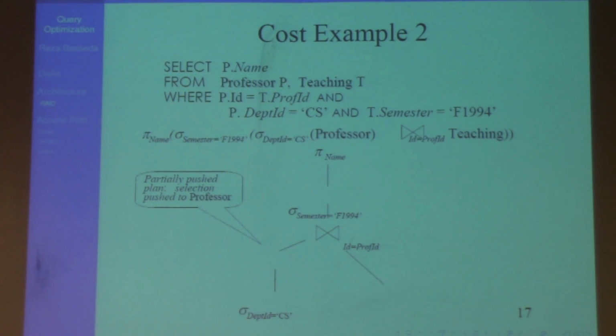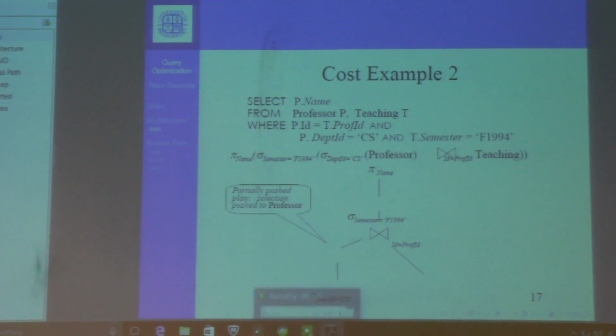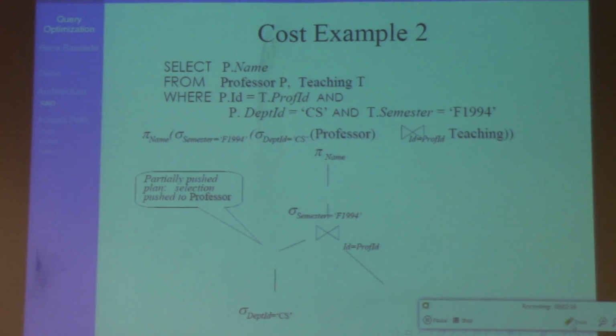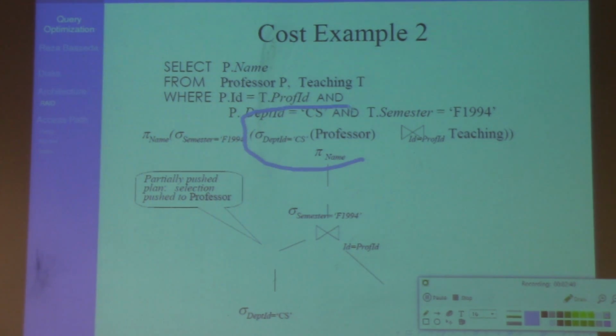What is the plan? First select some rows from the professor table based on the department ID, then do the Cartesian product. Exactly. So as Vanendra told, first we are getting benefits of the department ID's index.